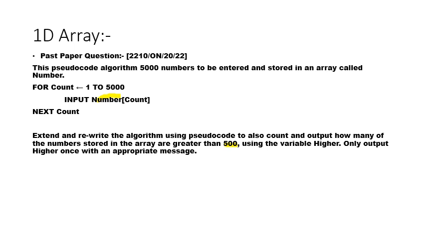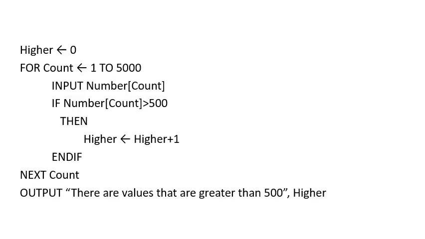Only output higher with an appropriate message. We need to put count. So for count 1 to 1000, input number count. If number count is greater than 500, then you need a counter. Higher is equal to 0. So higher plus 1. It will count the values which are greater than 500.